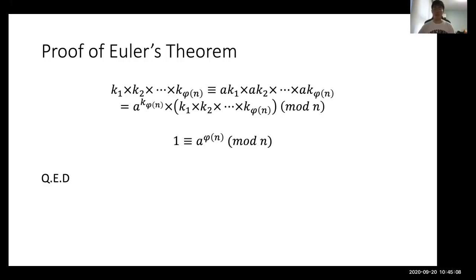And by the characteristics discussed before, we can divide by a number that is co-prime to n. And because they are a reduced residue system, we know that all the elements are co-prime. So we can just get rid of k1, k2 to k pi n on both sides. So we are left with 1 is congruent to a to the pi n in modulo n, which is the statement we were trying to prove.